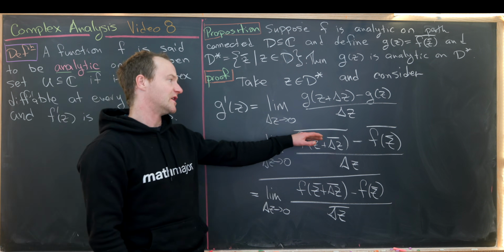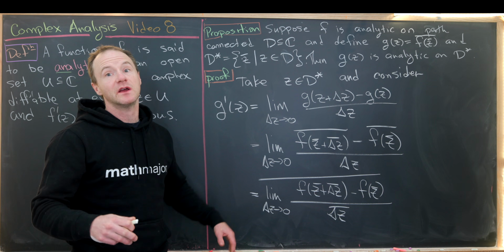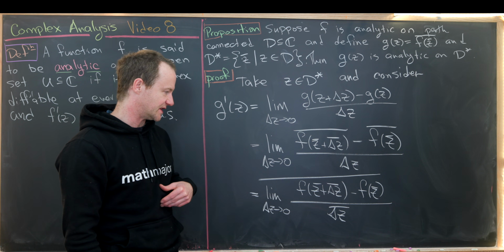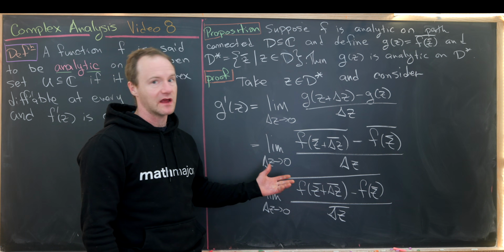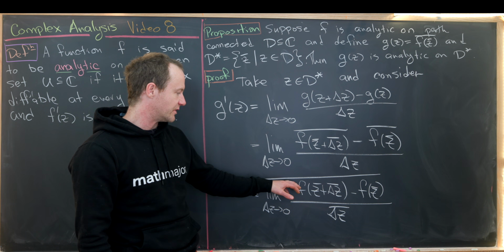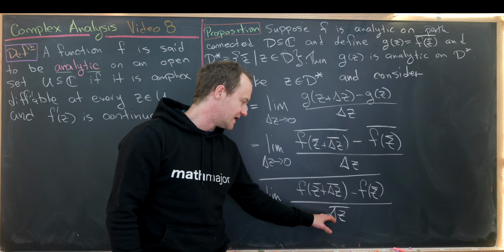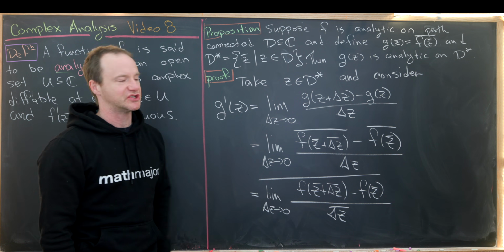So we're kind of distributing out the conjugation. Now notice if we were to distribute in the conjugation again by linearity and multiplicativity, we would get an f bar here, an f bar here, and then we would have delta z bar bar, which is just delta z.